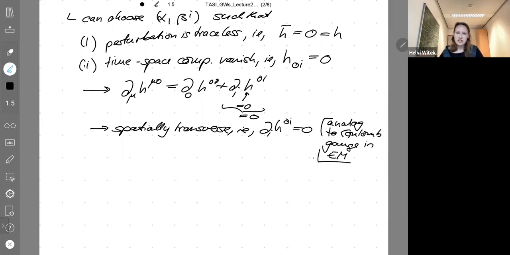The other consequence is that if you inspect this first term here that I have in my wiggly line, that by consequence is also 0, which means that the 0,0 component of our perturbation is time independent.